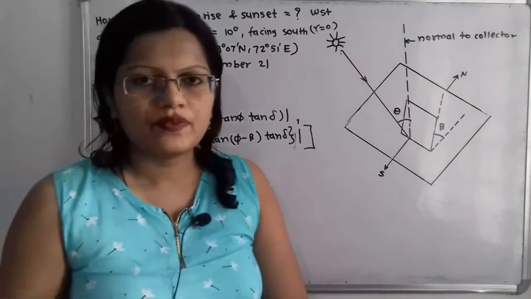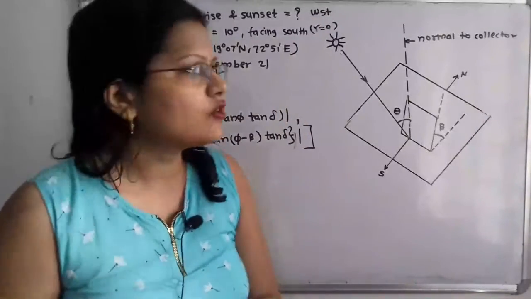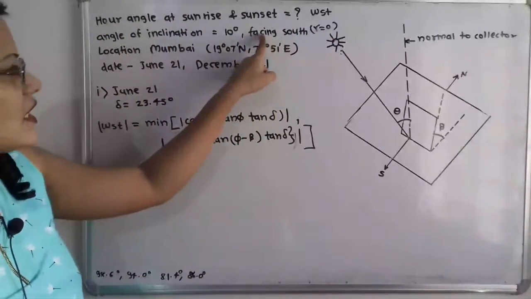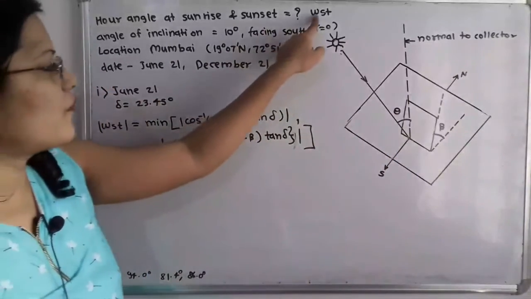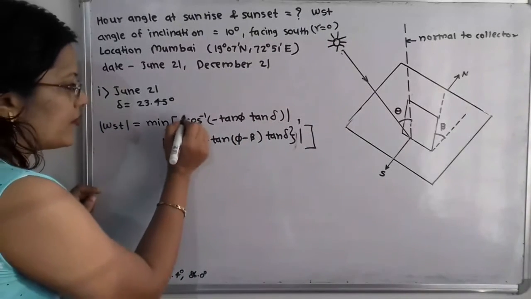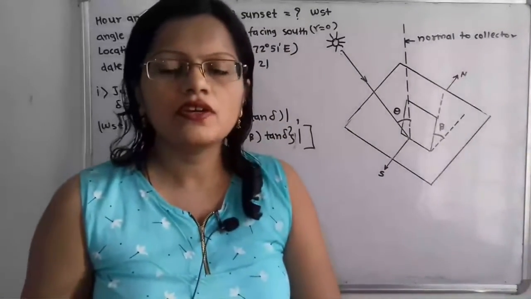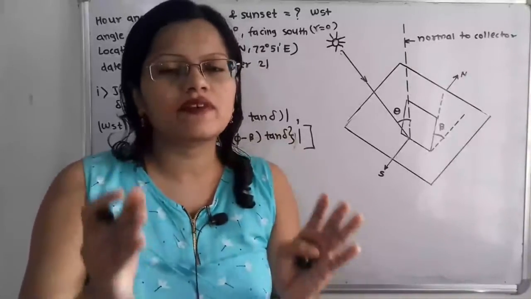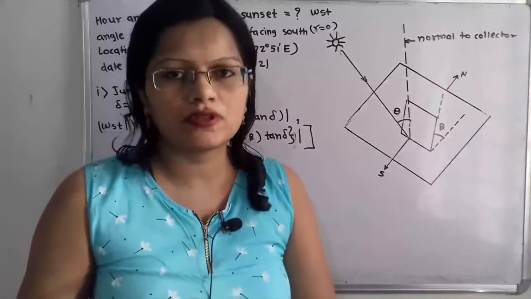23.45 degrees. Now what is the formula to calculate this omega st? When gamma is equal to 0, that is the inclined surface is facing south, the formula for omega st is the minimum of the mod of. Now what is the meaning of mod? When we take the mod, all the negative values are converted into positive values.